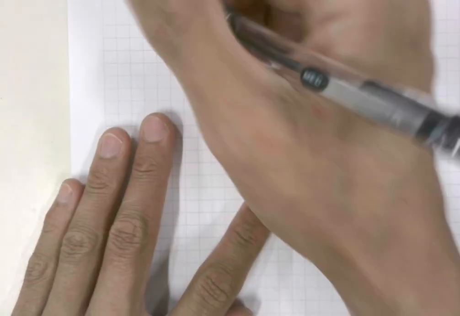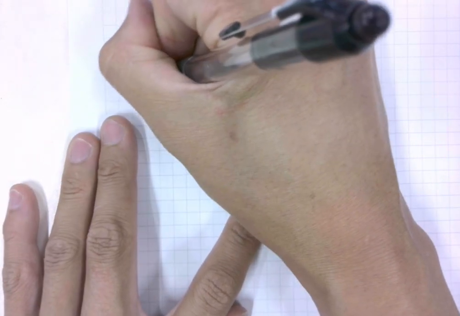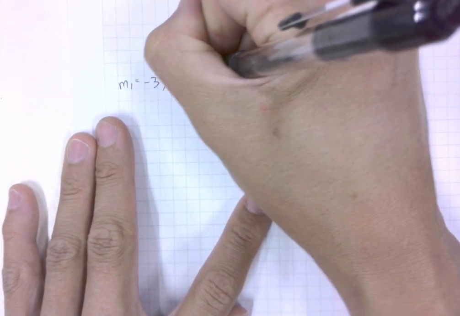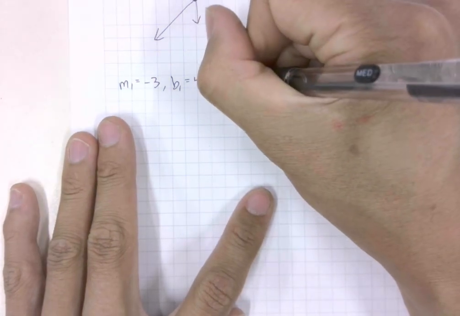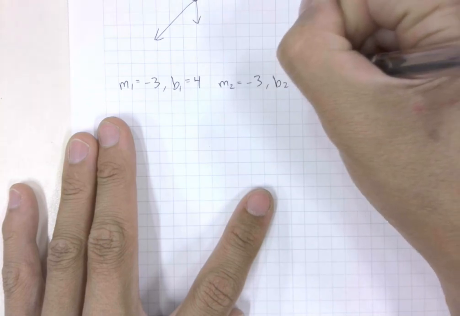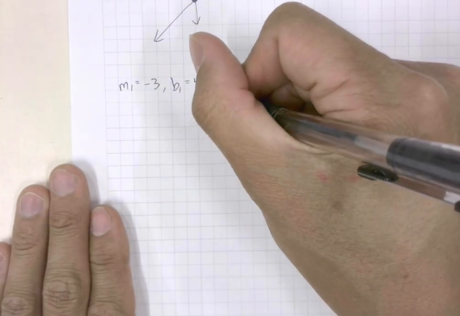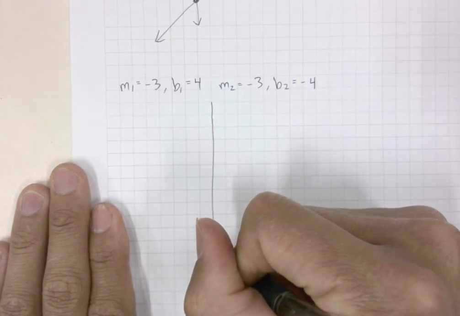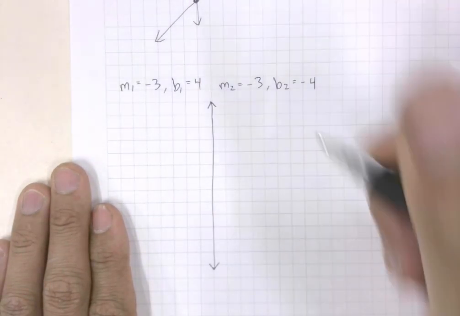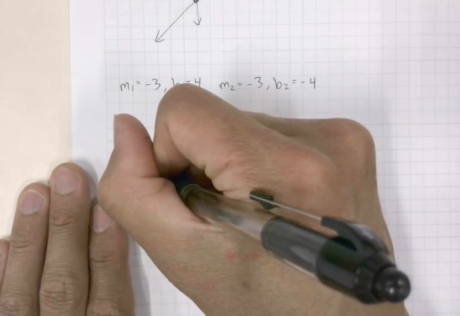So I'll get my graph paper here. I'll list my m1 is equal to negative 3, and my b1 is equal to positive 4, and my m2 is equal to negative 3, and my b2 is equal to negative 4. Alright, so let's draw a fairly long y-axis, because I have positive 4 and negative 4 that need to fit on this graph.